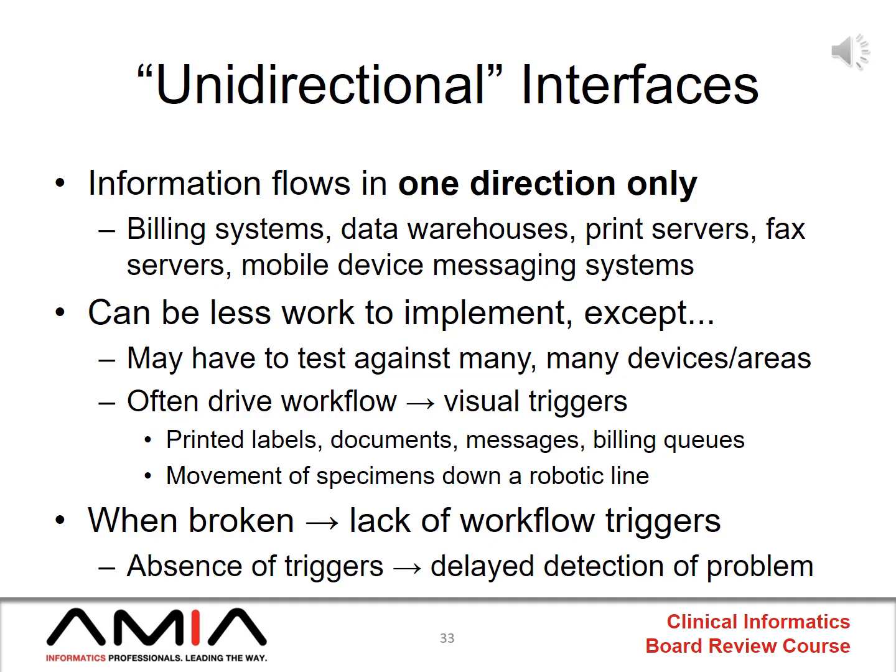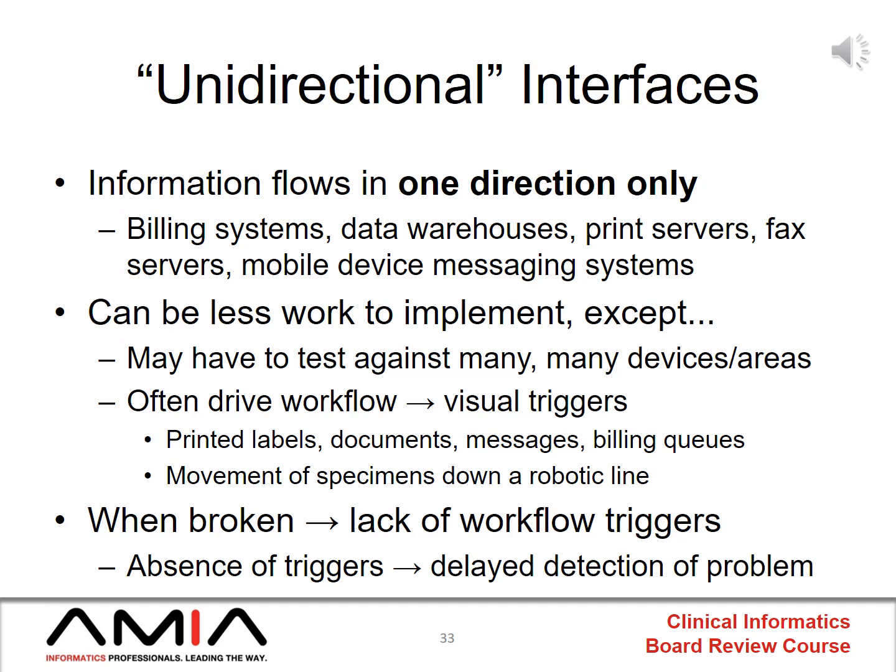In contrast to bidirectional interfaces, unidirectional interfaces are system interfaces in which the information flows in one direction only. Common examples of unidirectional interfaces include information flowing to billing systems, data warehouses, print servers, fax servers, mobile device messaging systems, etc. Unidirectional interfaces can be less work to implement, except that in unidirectional interfaces, especially when you're talking about print servers, fax servers, think about all the little label printers that you may have everywhere.